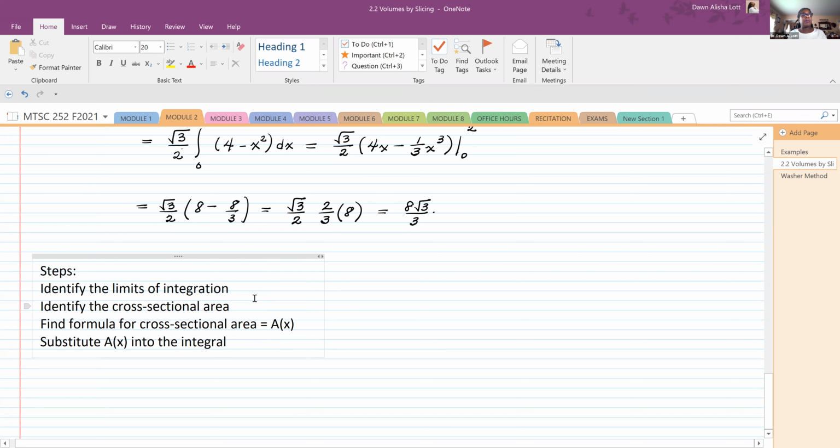So these are the steps for volume by slicing.